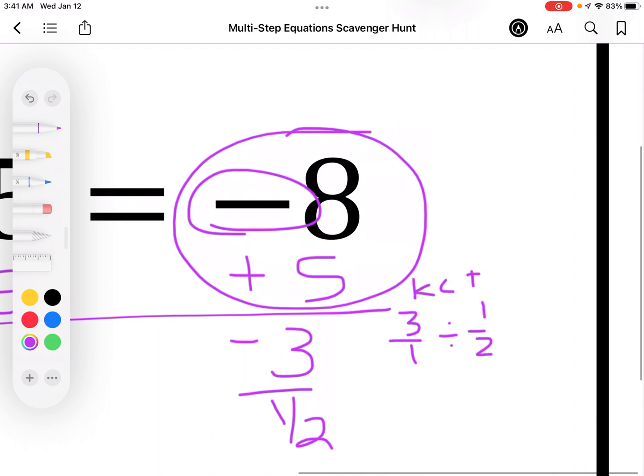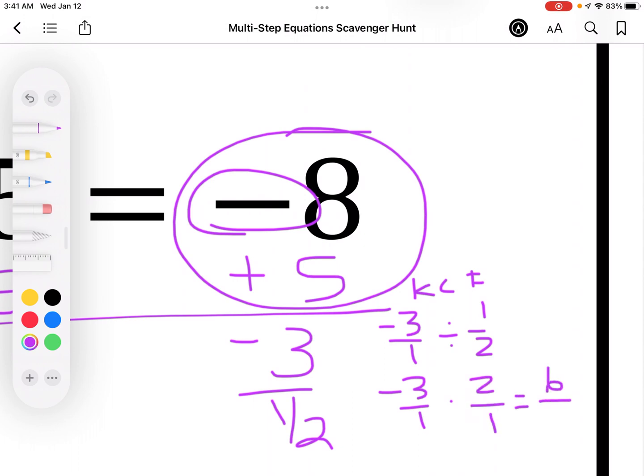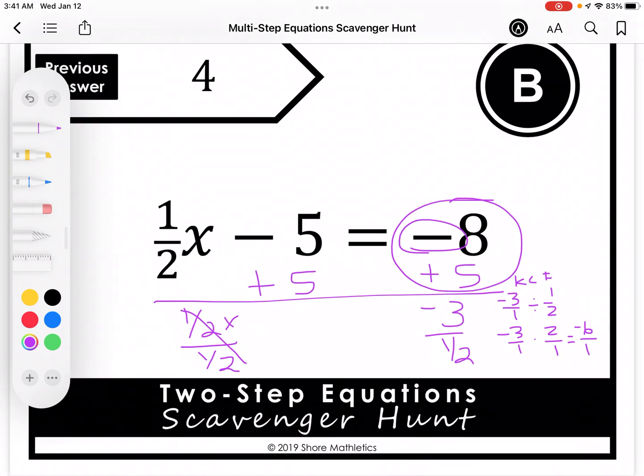Keep, change, flip. 3/1 times 1/2. I'm leaving my negative, so I didn't flip it. It would be negative 6. So x equals negative 6.